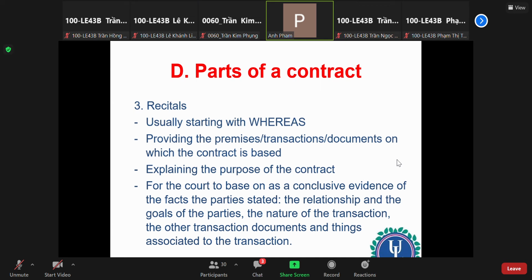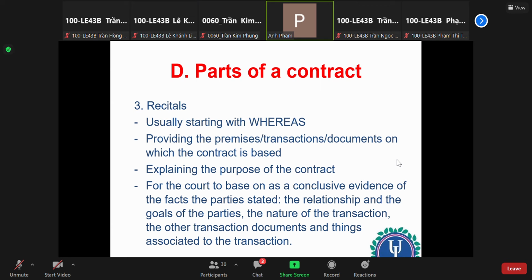They may refer to other documents, like according to the decision, according to the law, and now today the parties enter into the contract. So based on the transaction, the premises, or the documents, the contract is made.